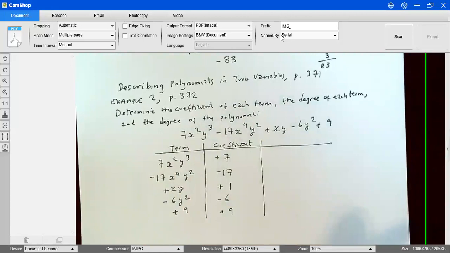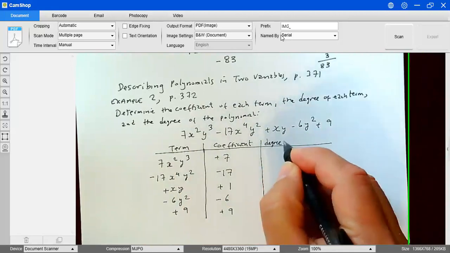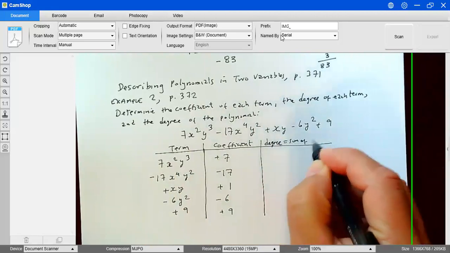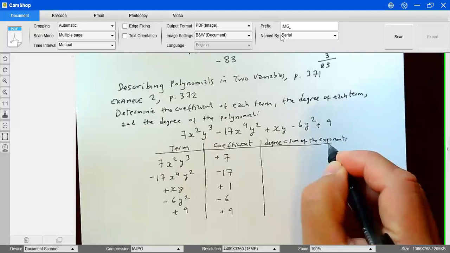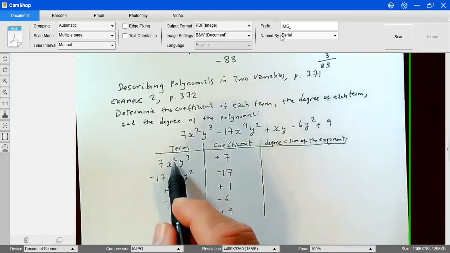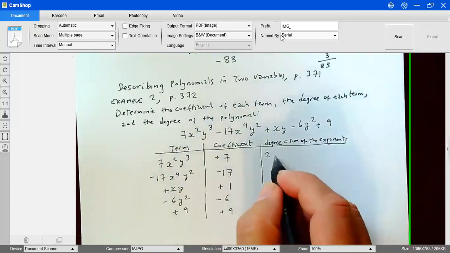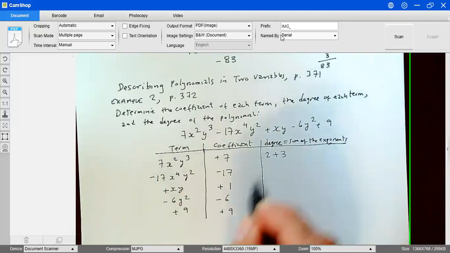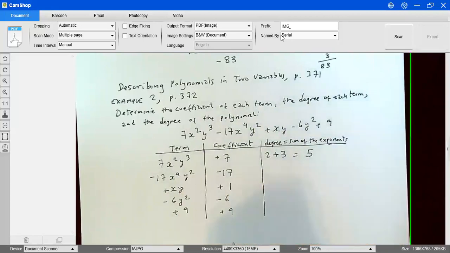Now we're going to find the degree of each term. It is going to be the sum of the exponents of the variables in every term. So in here we have x raised to the second power and y raised to the third power. So the degree in this case is going to be 5.